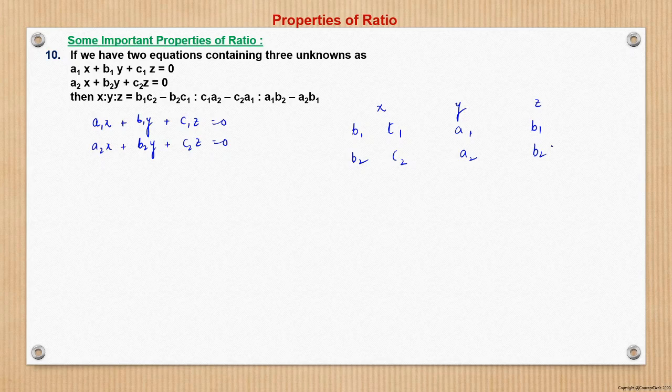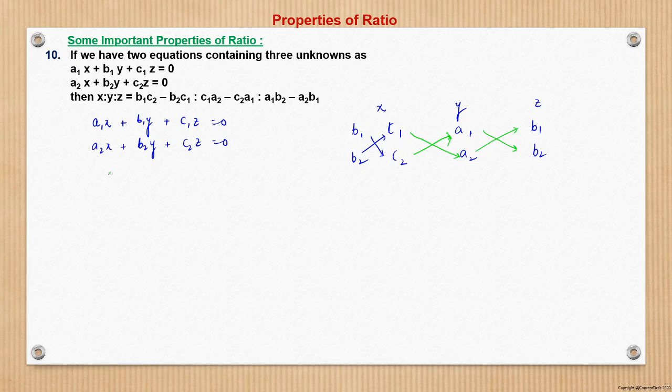Nothing very complicated. Now the method says you cross multiply: b1 into c2 minus b2 into c1, then c1 into a2 minus c2 into a1, then a1 into b2 minus a2 into b1.